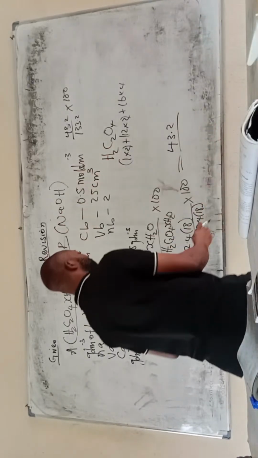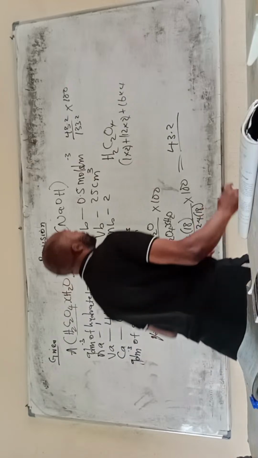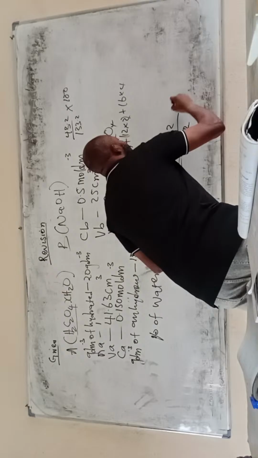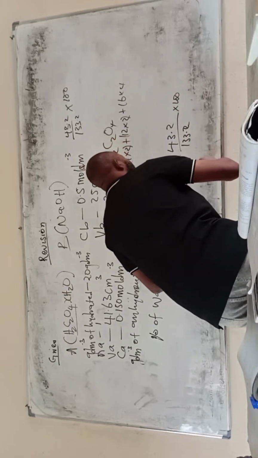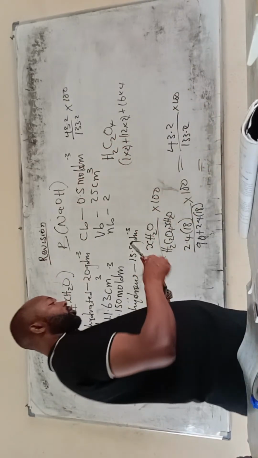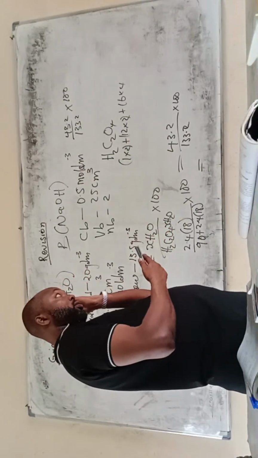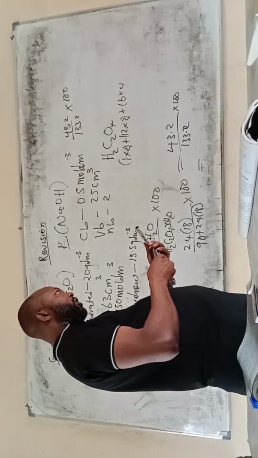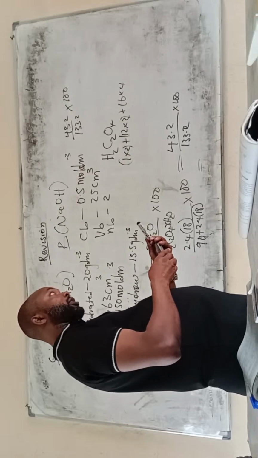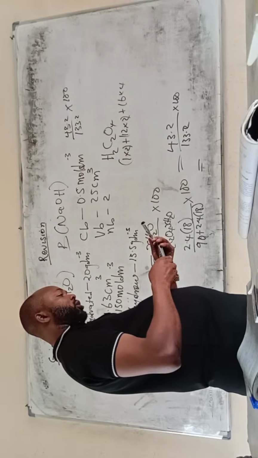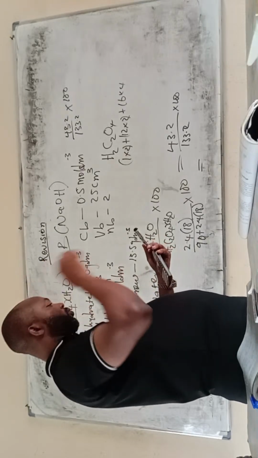Divide by 90 plus 43.2 give us 133.2 times 100. And that is equal to what? Now, 43.2 divided by 133.2 times 100 is equal to 32.4.